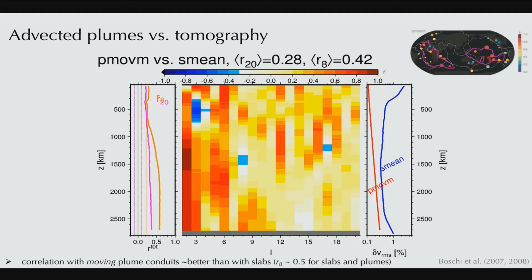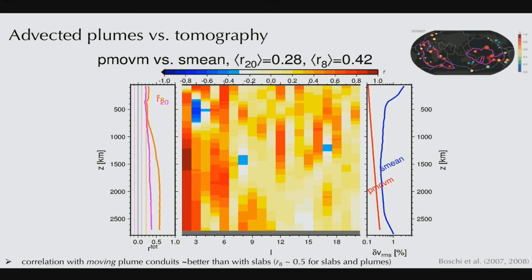Now, if we look at the forward models of these plumes and where the conduits are, then it turns out that the correlation between the slow velocity anomalies inferred at the conduits and seismic tomography is actually better than with any of the slab models. Right? And there is now a real one for you, right? Because plumes should be really thin if they were thermal.